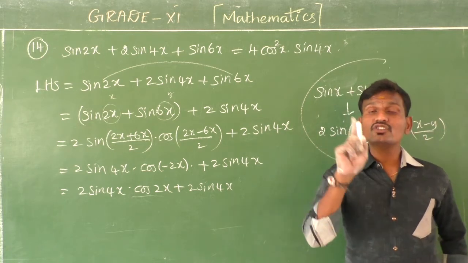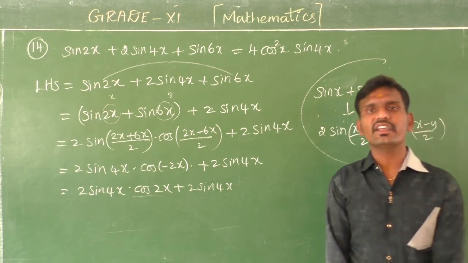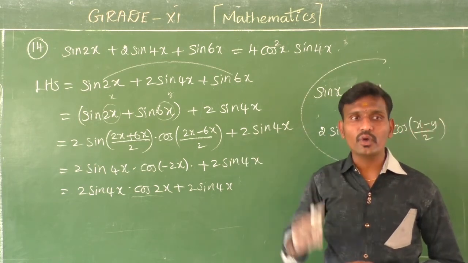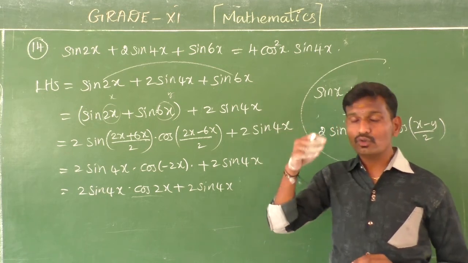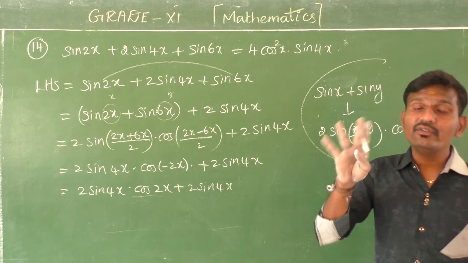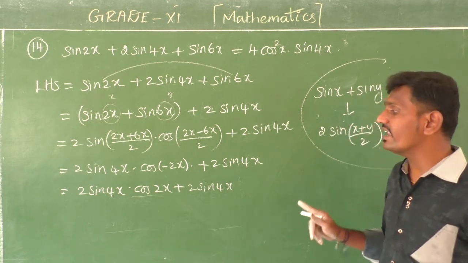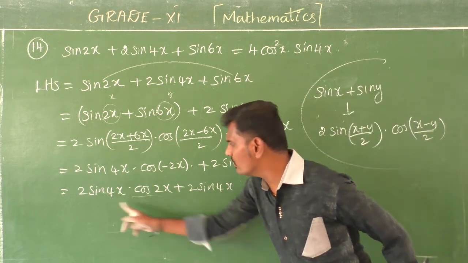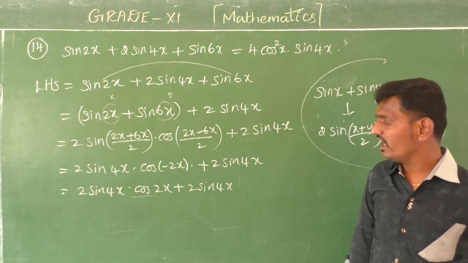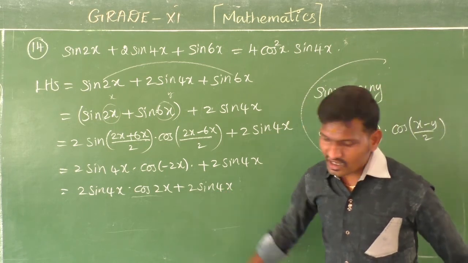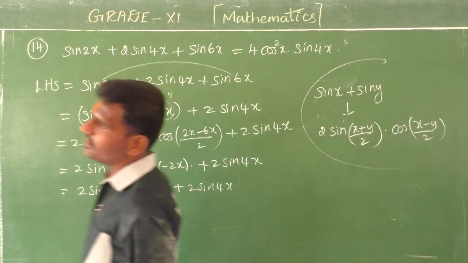From cos 2x we have 4 formulas: cos square x minus sin square x, 2 cos square x minus 1, 1 minus 2 sin square x, and 2 tan x by 1 plus tan square x. From these 4 formulas, I am going to select only one, because here we have only sin, so I am taking the cos formula: cos 2x equals 2 cos square x minus 1.